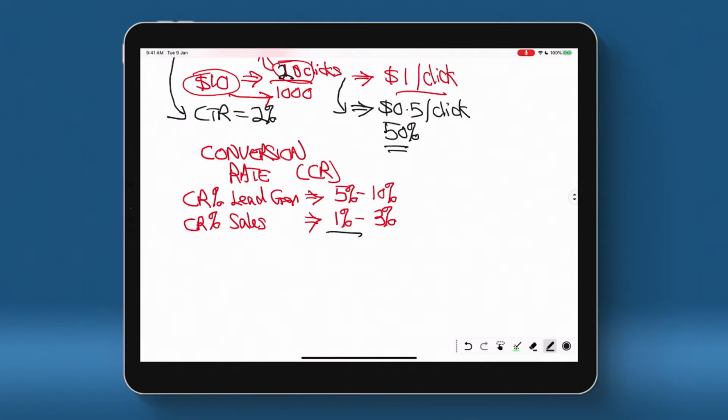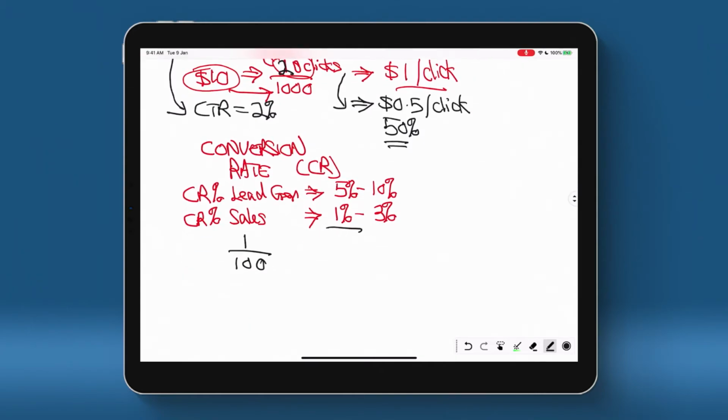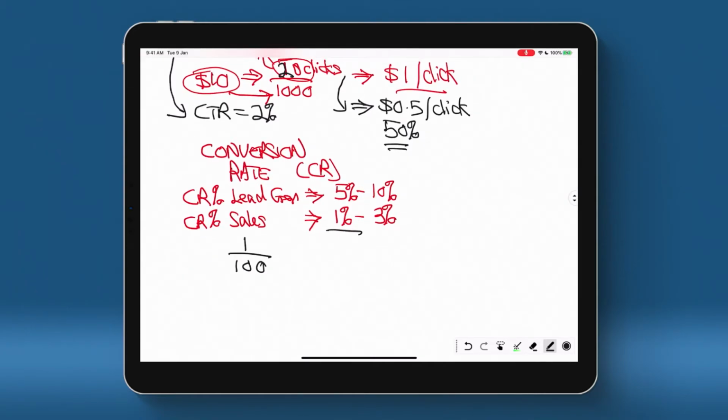And the cost per sale can be calculated because 1% is therefore 1 out of 100. And we know, let's assume that click-through rate is also 1%. So let's start building from here.